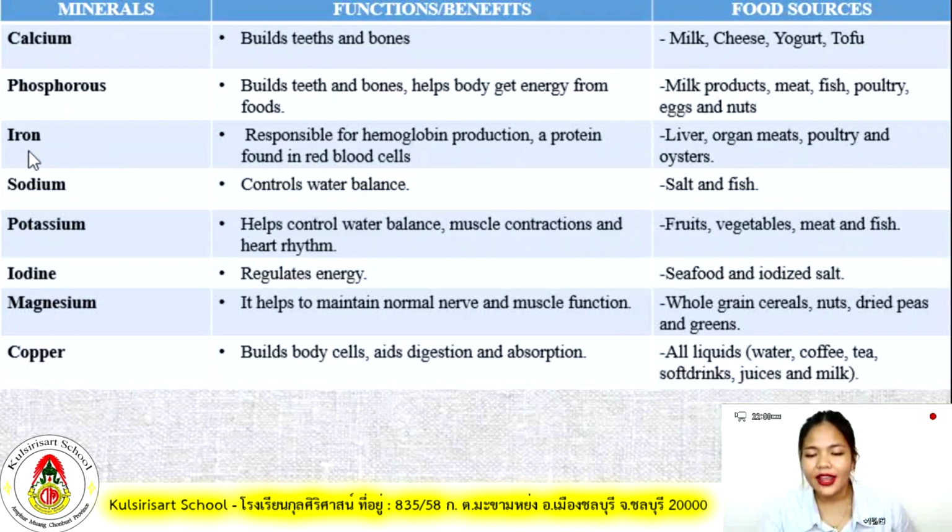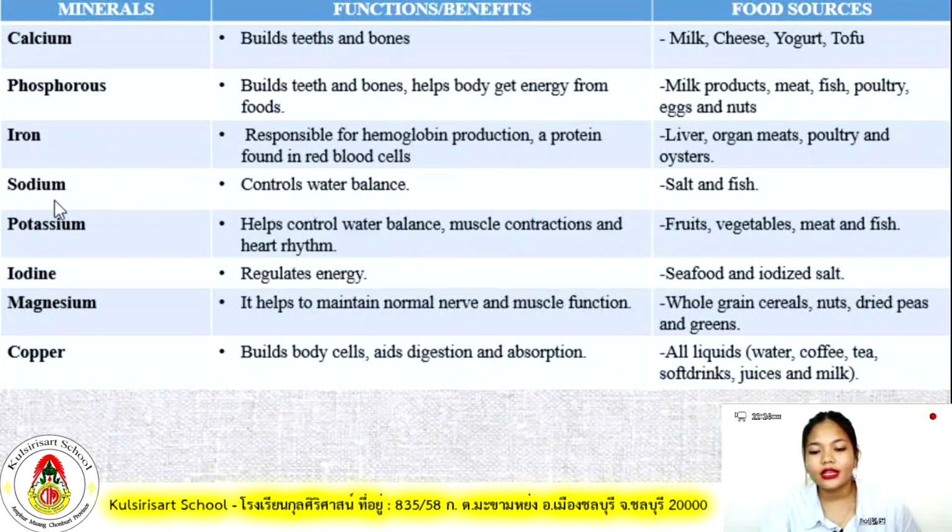Okay, the next one is iron. Iron is responsible for hemoglobin production, a protein found in red blood cells. We can find iron in foods like liver, organ meats, poultry, and oysters. So these are foods that are rich in iron.